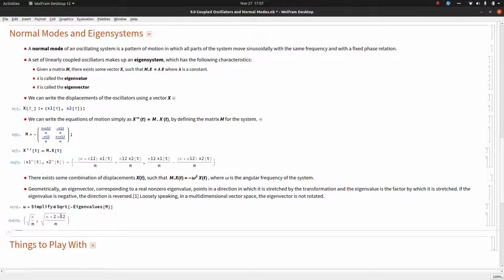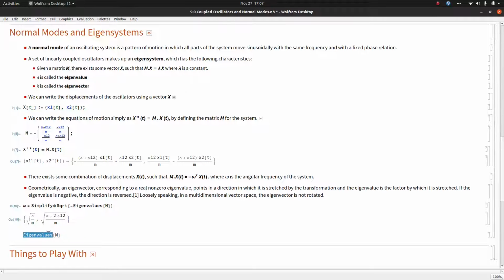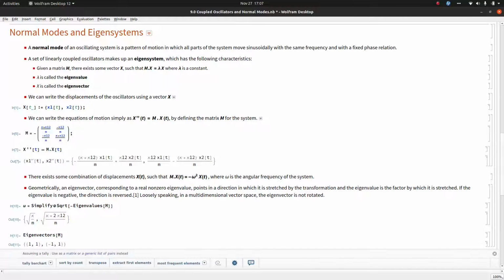Now, if you want your eigenvectors, we can do the same thing, except instead of the eigenvalue operating on matrix M, we'll use the eigenvector function, because Mathematica is your friend.